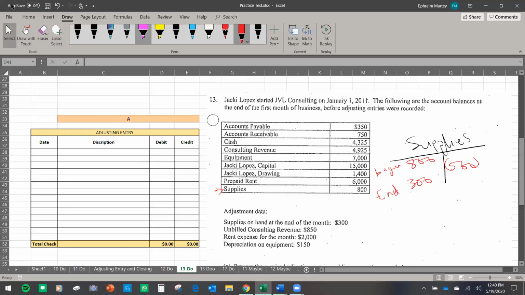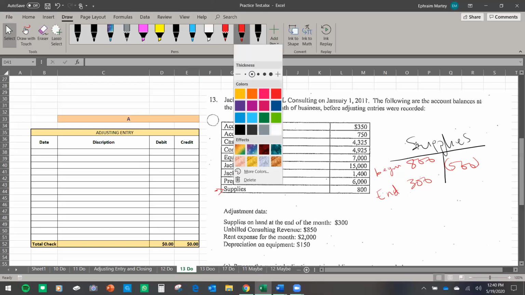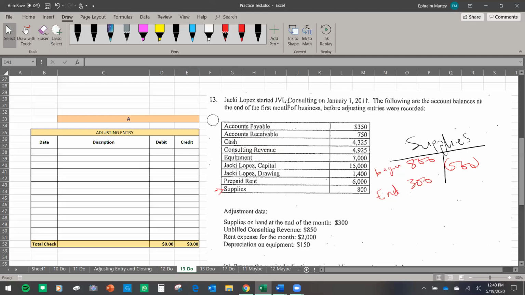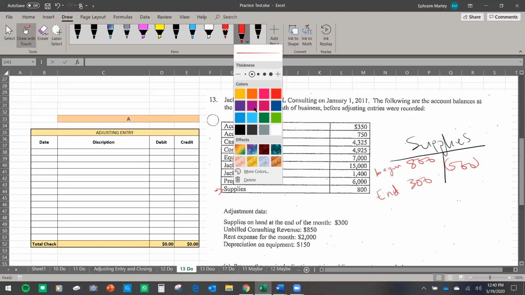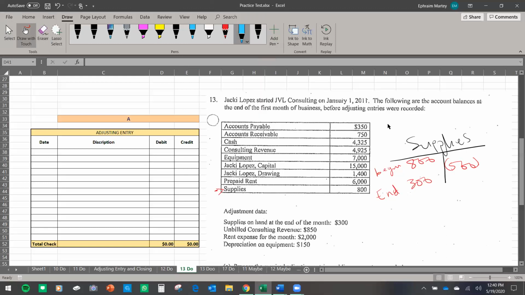Okay, remember you will notice that everything here is just listed in, it doesn't say debit or credit here. Nothing here says debit or credit. None of these figures say debit or credit. You will have to figure out if it's a debit or if it's a credit.